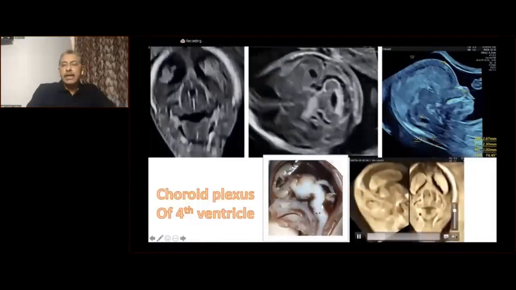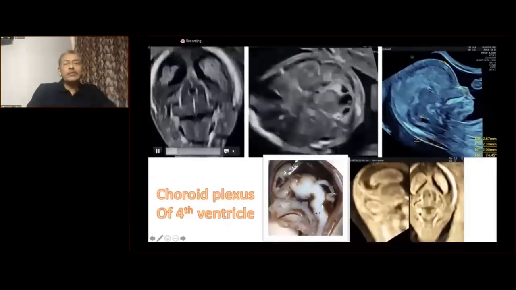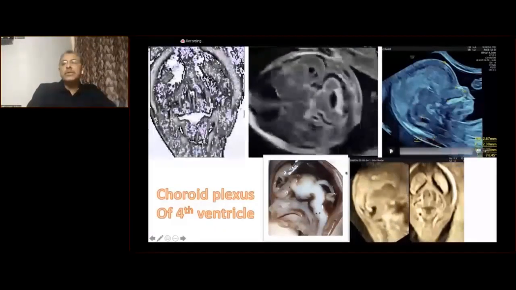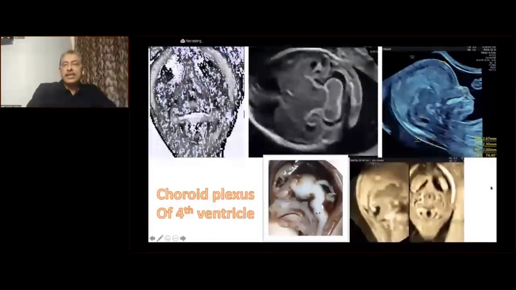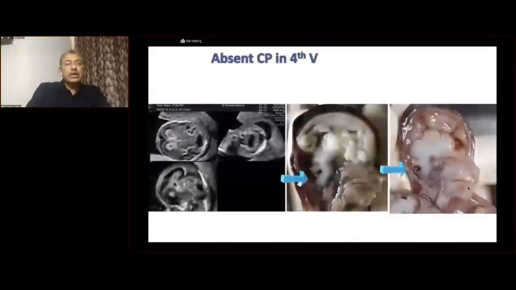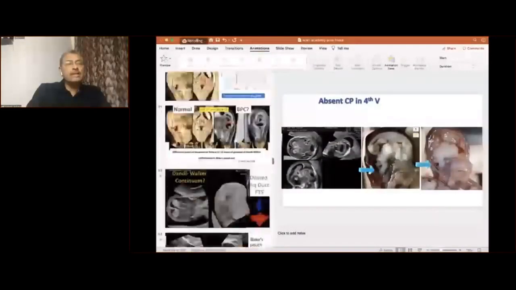This is the position of the choroid plexus from the posterior aspect, axial view, and this is what we typically see in our mid-sagittal section, and that is what is going to be seen as the position of the fourth choroid plexus.